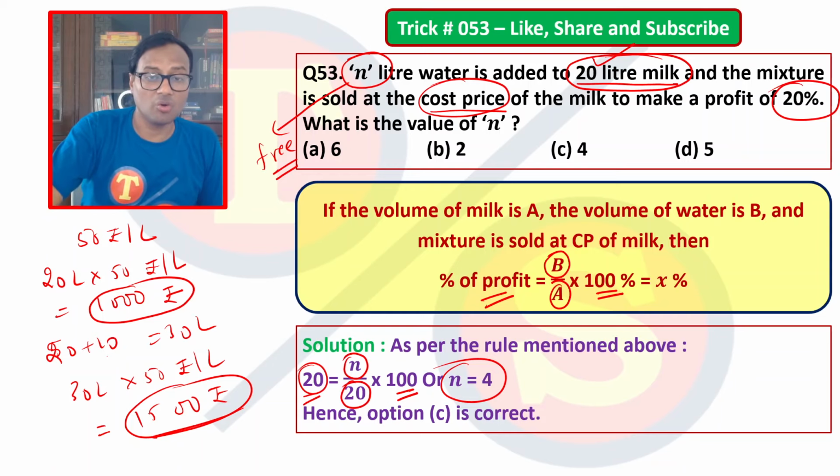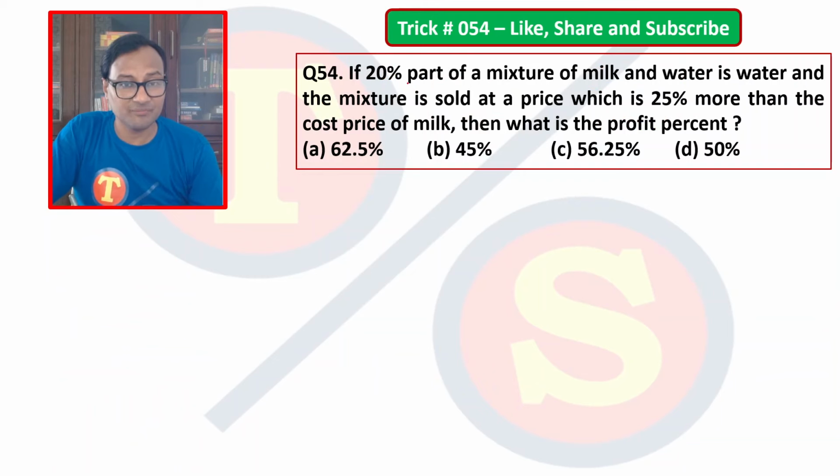Okay. So now if we move on and say that because of this dilution, because of this adulteration, because of this impurity mixed with the pure substance, we have already earned a profit. So what if the mixture is sold at some percentage above the CP? So again the same idea, that the two profits will occur and they will occur successively.